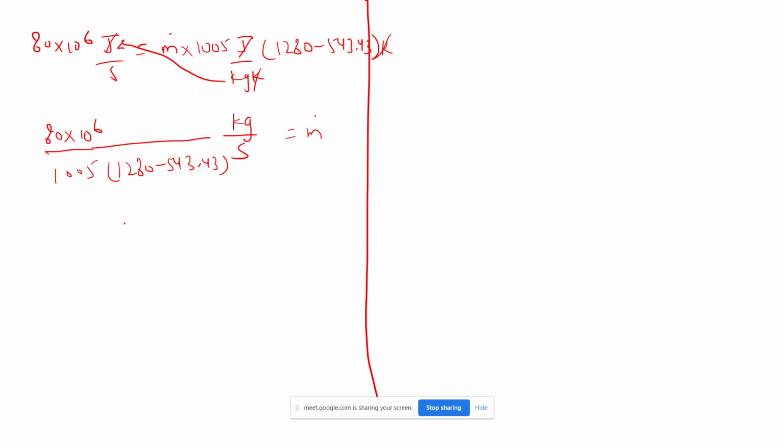So what will we get for m dot? 108.719 kg per second. This is the correct answer. Have you got this? Yes sir. Is it okay for everyone?